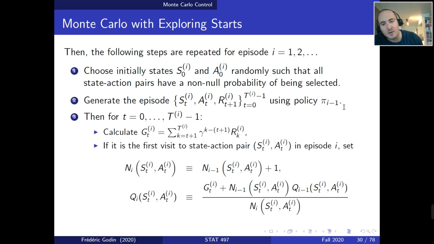Once you've generated a new episode, for all time points in the episode you can calculate the return, the sum of all discounted rewards starting at time t until the termination of the episode. Then you do the following.